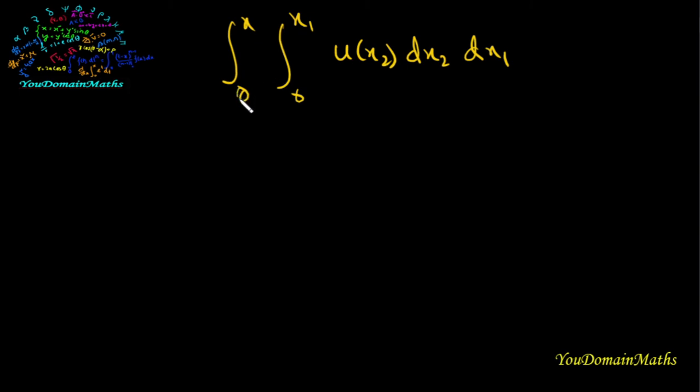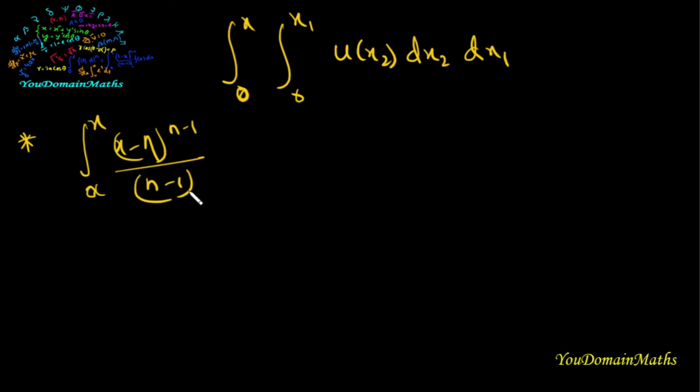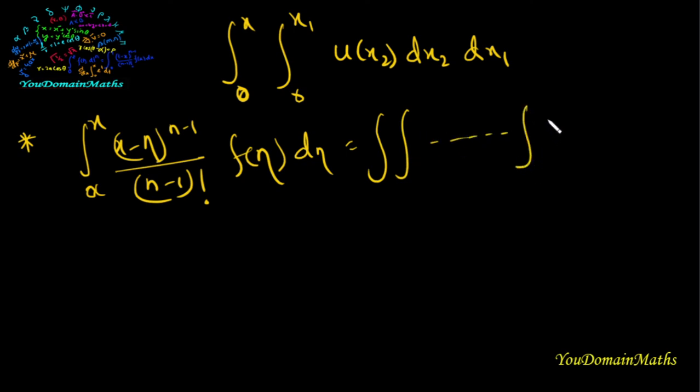Here we see that there are two integral signs. So if we rewrite the results, that means the integral from a to x of (x minus eta) to the power n minus 1 over (n minus 1) factorial times f of eta d eta equals n integral signs, that means a to x and a to x_n and so on, of f of x1 dx1.